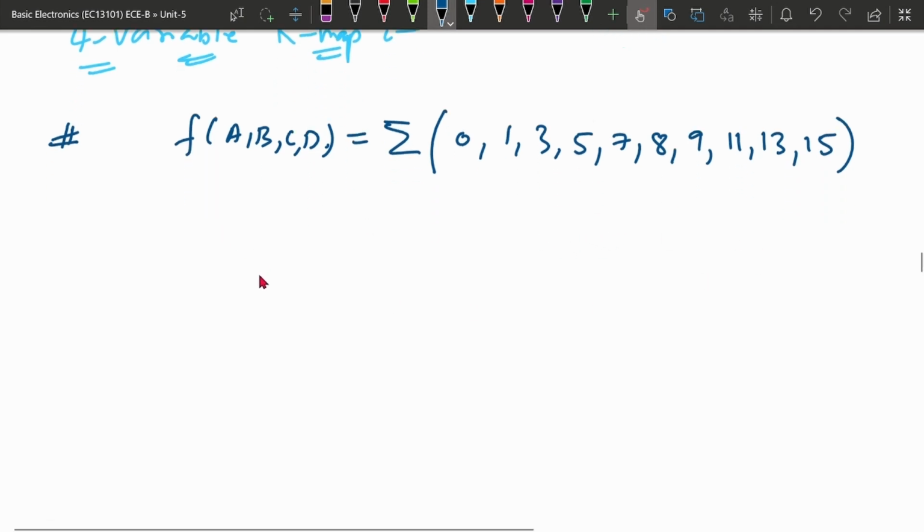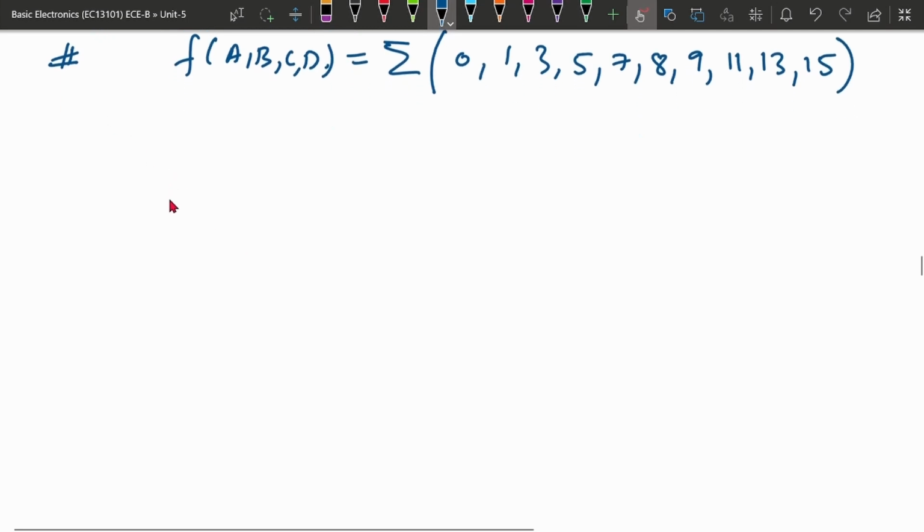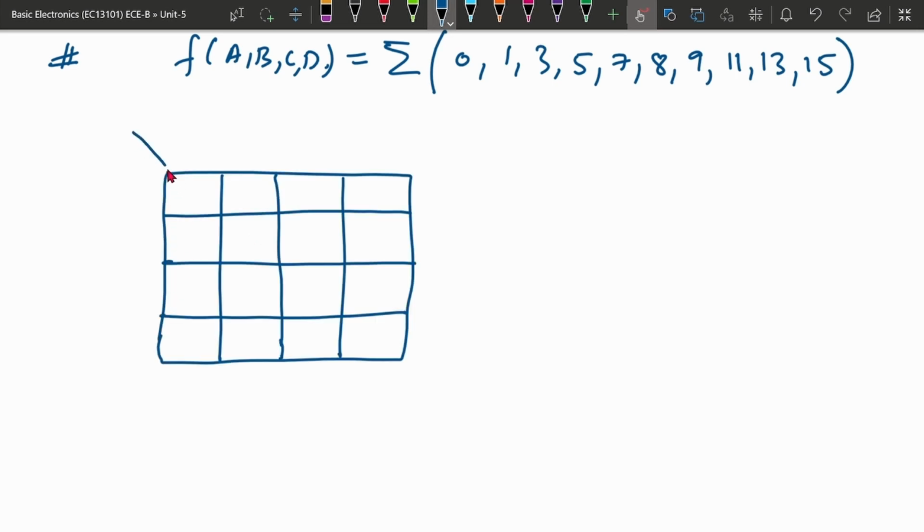So to implement its K-map, we have to draw the K-map. There are 4 variables, so we will consider 2 variables on one side and 2 on the other side. Suppose here it is AB and here CD.